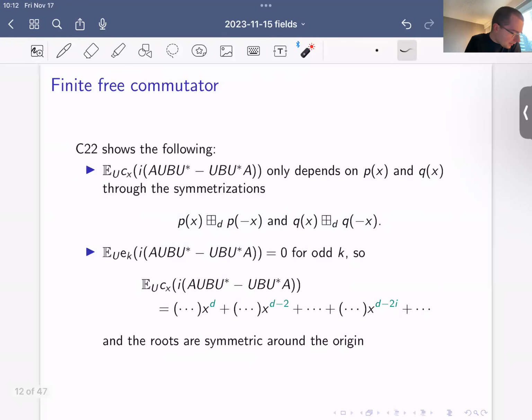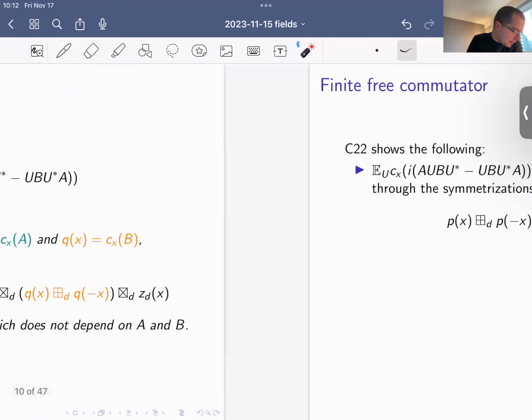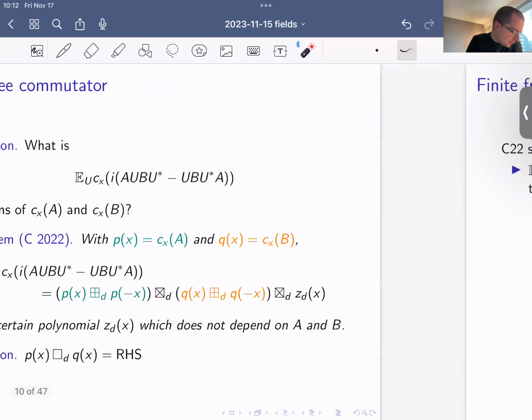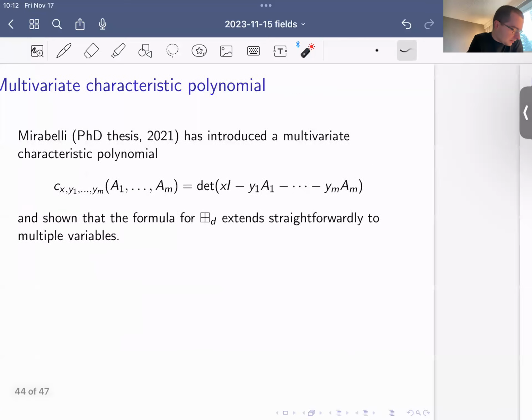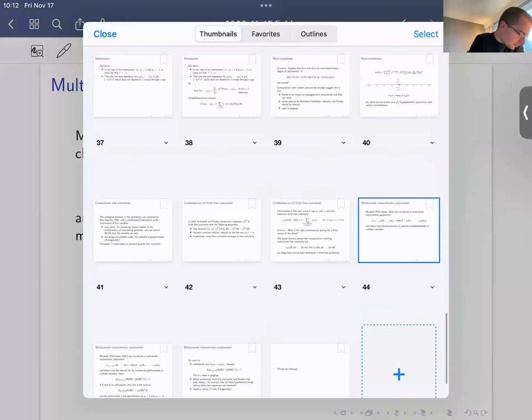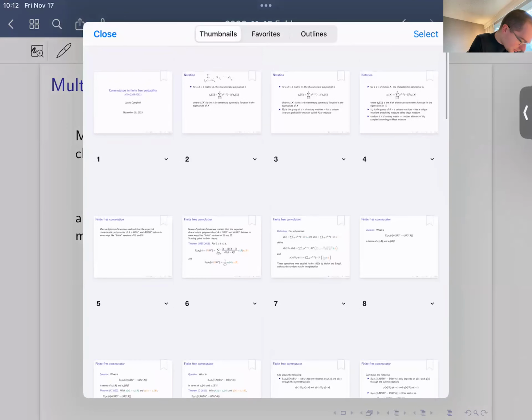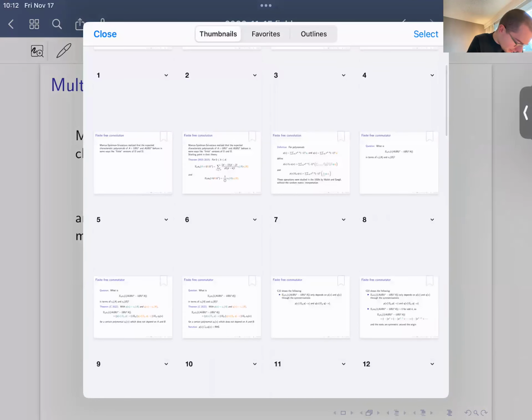And then the other parallel with free probability is that, again, this expression back here shows that the odd coefficients of this expected characteristic polynomial are 0. Oh, what happened? Yeah, it jumped around, sorry.